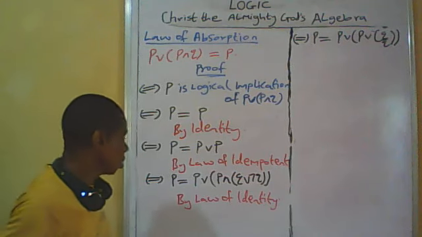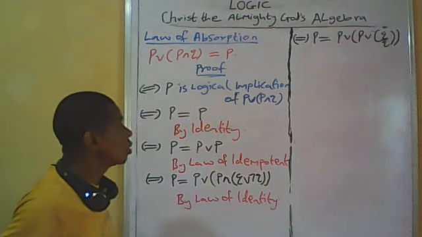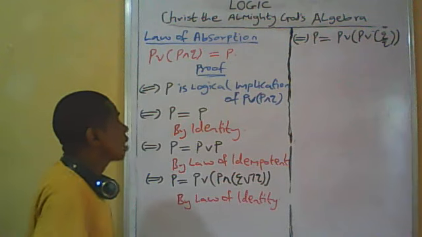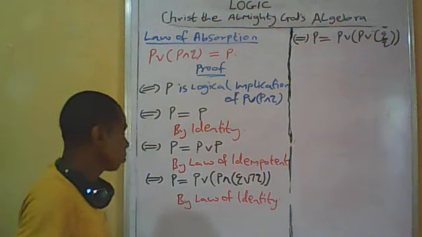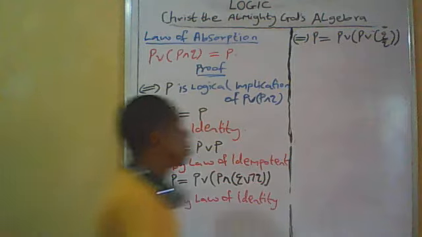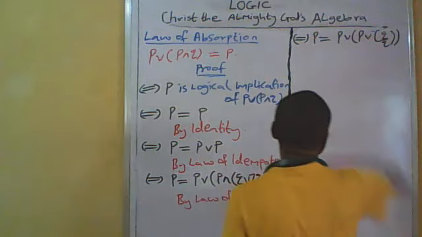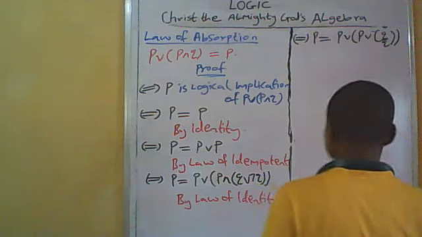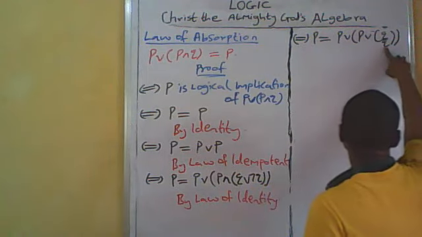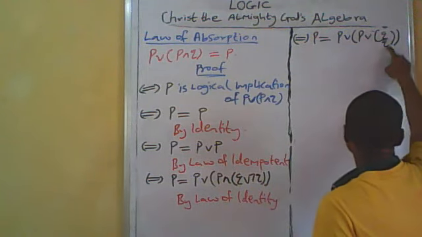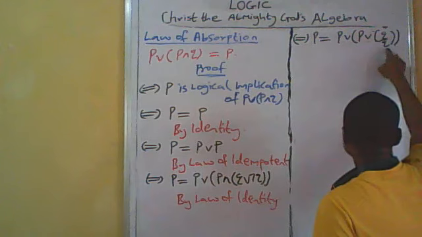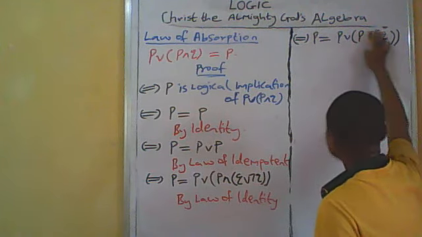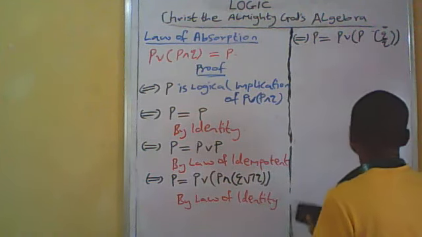And if you watch now, it's no more equal to the left hand side of the equation. In the sense that this Q upon Q is a tautology. Tautology OR with any term... sorry, this is not OR, it is AND.